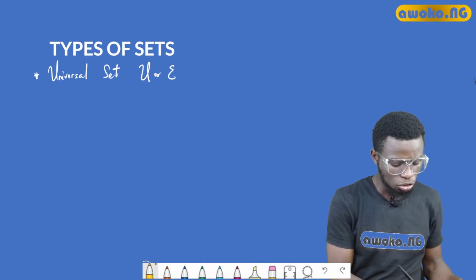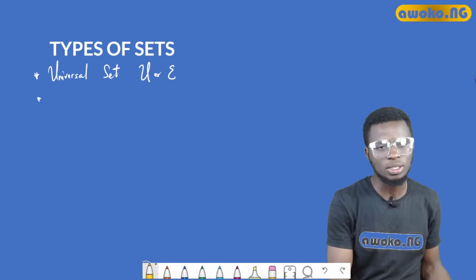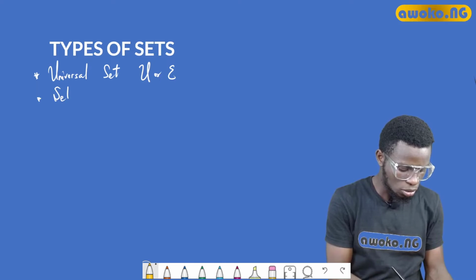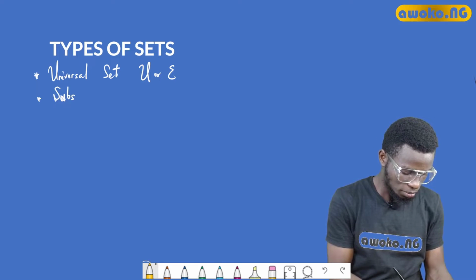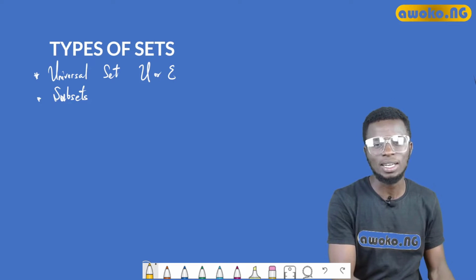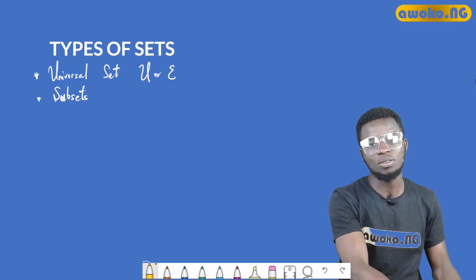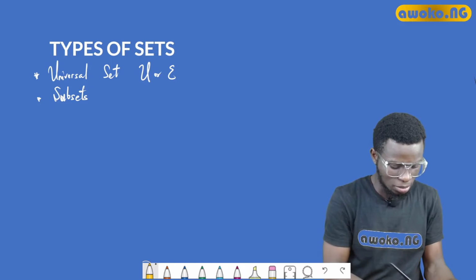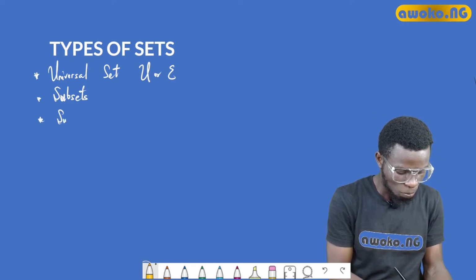So we have the universal set as one of the types of set. We also have a particular set called a subset. Subsets are the smaller sets that can be found in a particular set. And this particular set is usually a bigger set. The bigger set is called a superset.